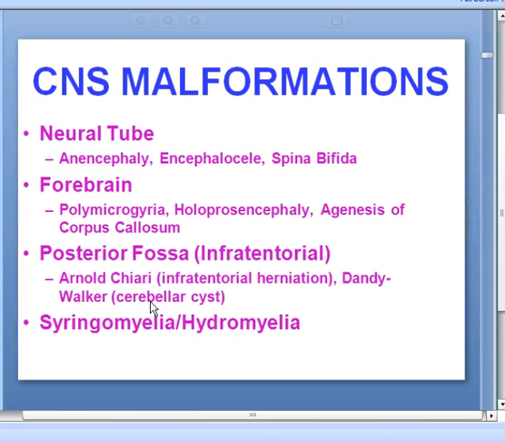The Dandy-Walker is a cerebellar cyst involving a very, very large fluid-filled space in the middle of the cerebellum of the fourth ventricle. You can also have what they call a syrinx, in which you have an increased amount of fluid and space in the middle of the spinal cord. And we'll give you an example of that as well.